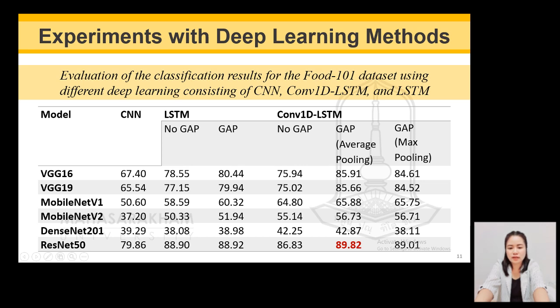We conclude that the ResNet 50 extracted the spatial feature with the high dimension and still provided higher accuracy when training with Conv1D LSTM and LSTM network. Hence, the ResNet 50 combined with the Conv1D LSTM performs best on the Food101 dataset.